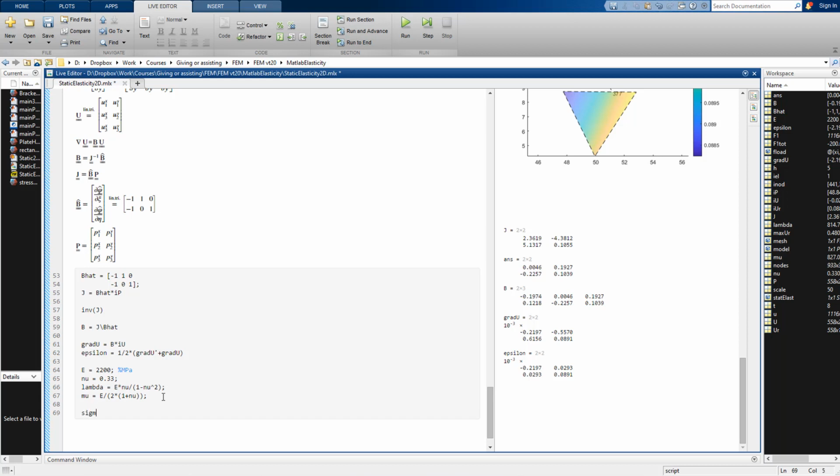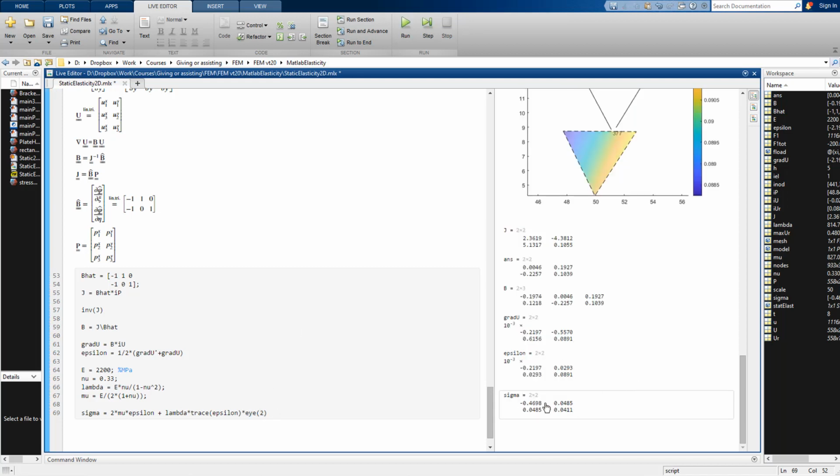And now we can write sigma is equal to 2 times mu times epsilon plus lambda times the trace, there's a function built in Matlab called trace, of epsilon, times the identity, which is I2. So this becomes the identity here, and there is our sigma.